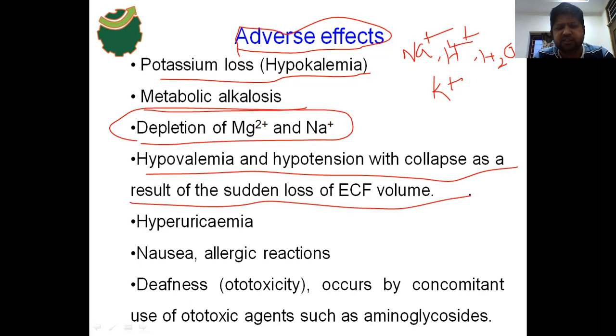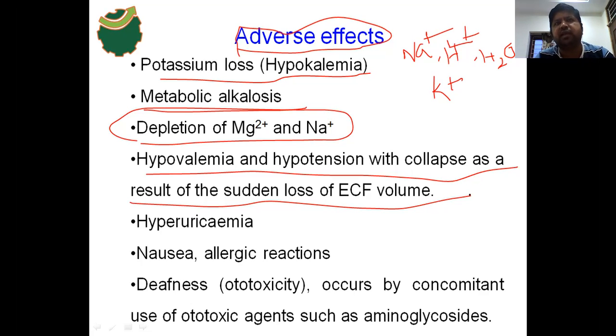So this is mainly seen with these diuretics because they are very potent. They produce increased excretion of sodium and water. Up to 10 liters of urine can be produced in a day. So if it is consumed at higher doses, definitely it can disturb the blood volume.